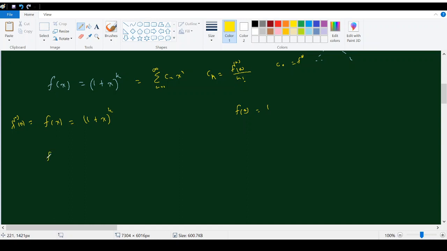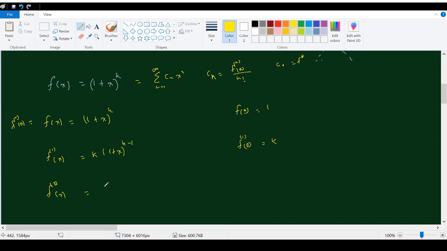And f'(x), the first derivative, will be equal to k times (1 plus x) to the power k minus 1. Therefore, the first derivative evaluated at 0 will be k. When you substitute 0 here, you will get k. And how about the second derivative?